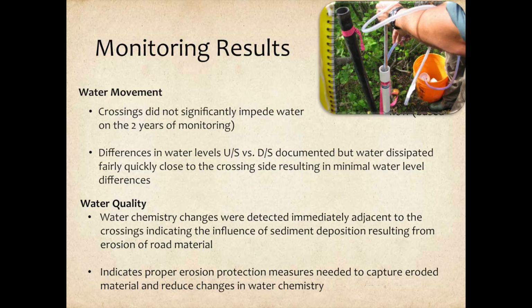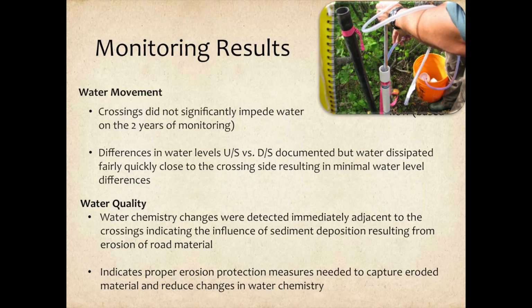Under water quality, water chemistry changes were detected immediately adjacent to the road. And we attributed that to the grading of the road and then the deposition of the soil from the road being deposited into the wetland adjacent to the road. And what was interesting, that water chemistry change was not detected at our monitoring sites, literally 20 meters downstream.